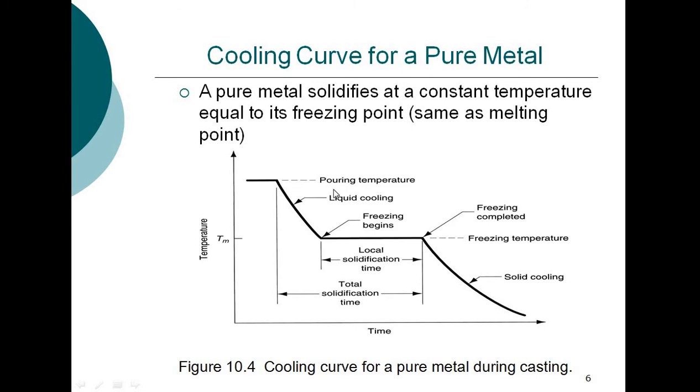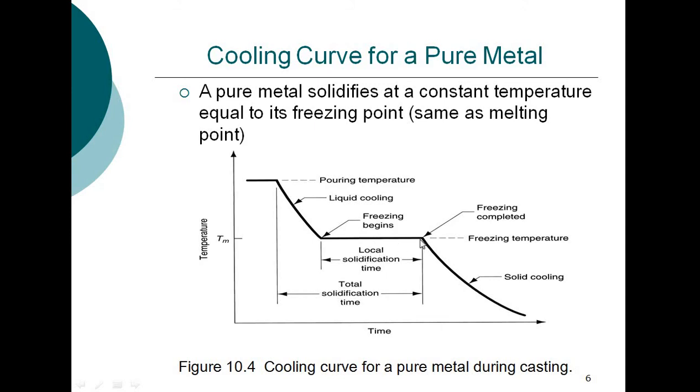This is a cooling curve of pure metal, how the temperature goes down. T is temperature and this is time. The pouring temperature is liquid coolant. When it fills the mold, it will cool and reach the freezing beginning.